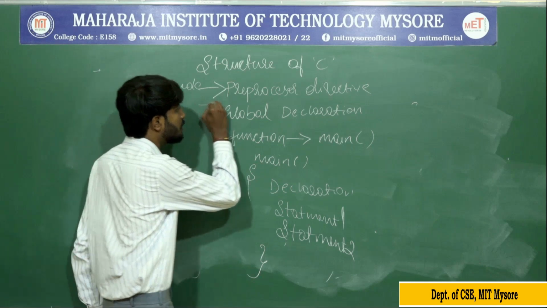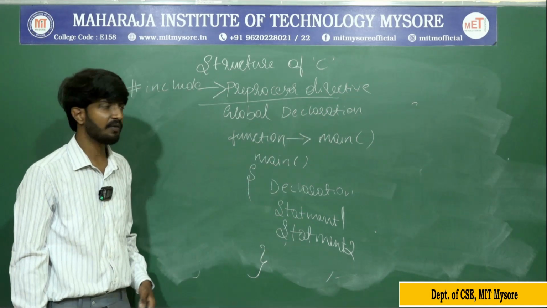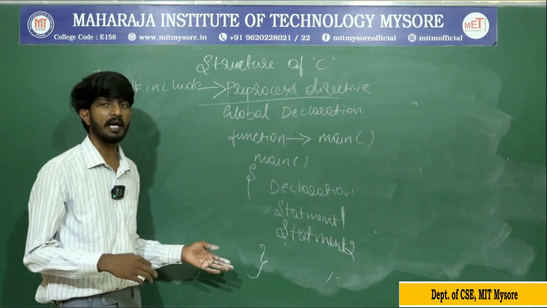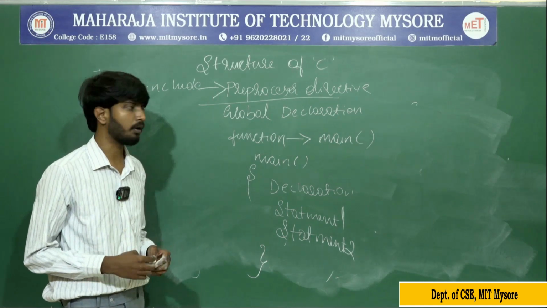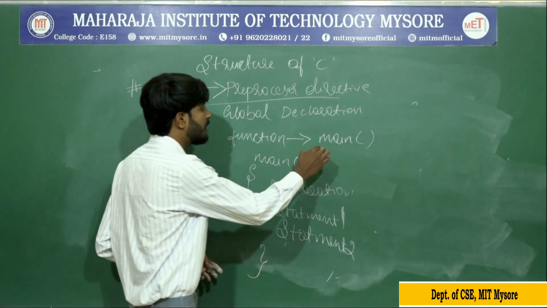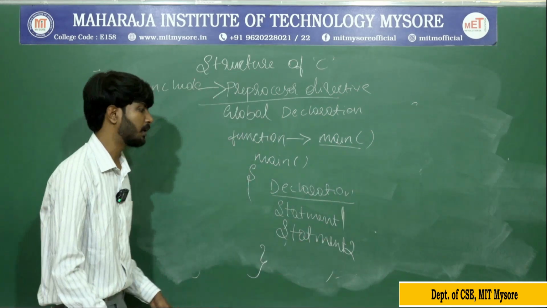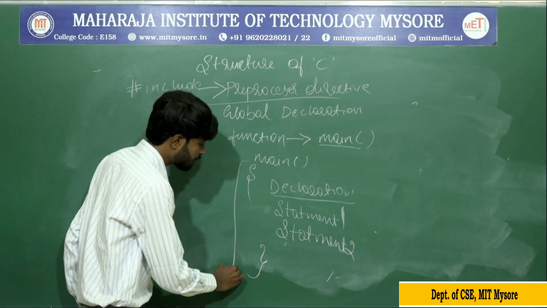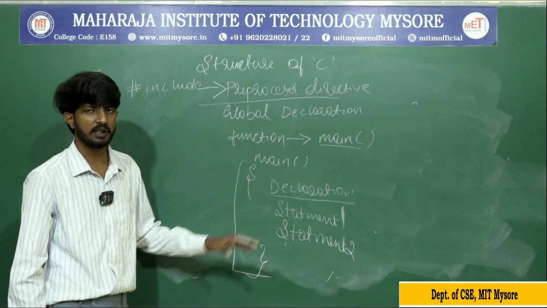The first one is the preprocessor directive, where we import some header files. The second one is the global declaration, where you can have global variables which can be used anywhere in the program. Next is the main function, where we declare some local variables. The scope of these local variables is within the main function itself.